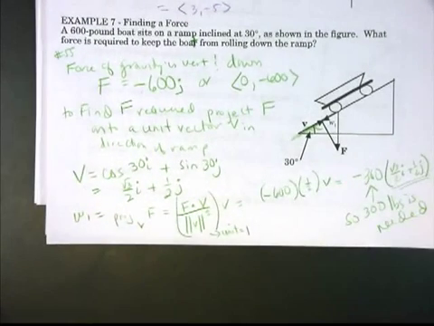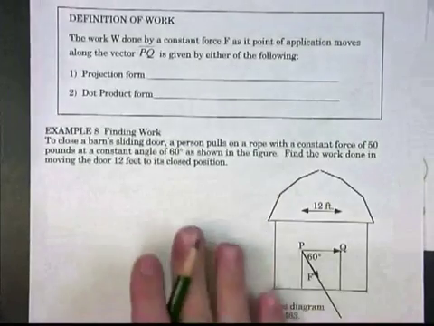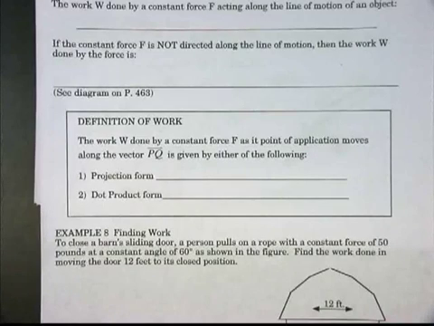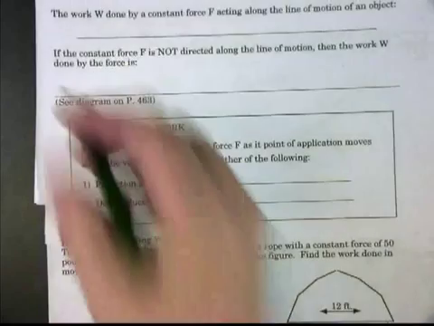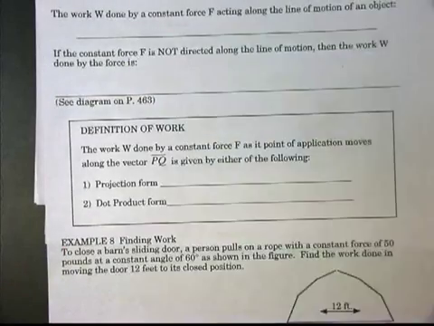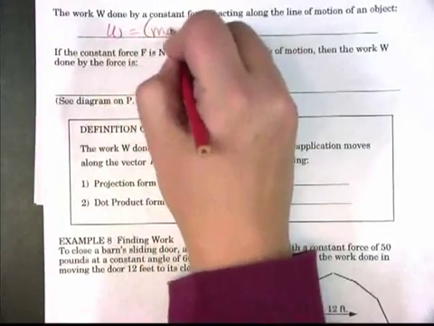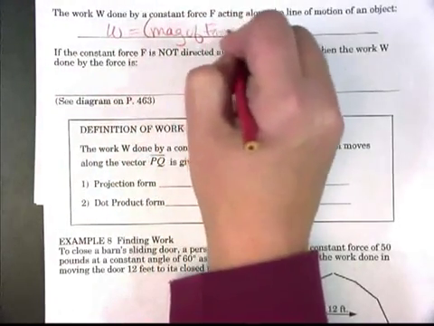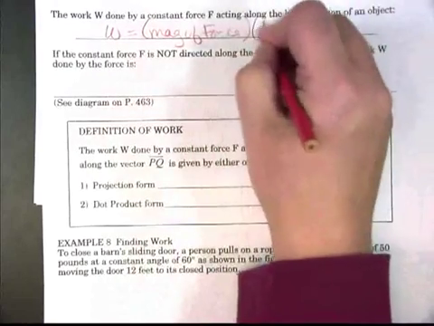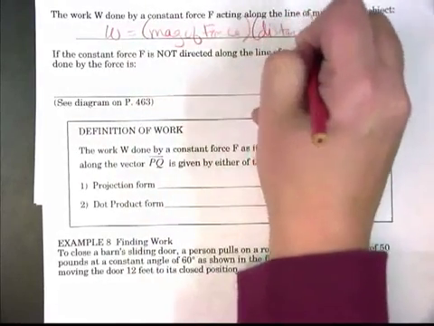All right, page 6. The work W is done by a constant force, F, acting along the line of motion of an object. W, or work, is the magnitude of force times distance.